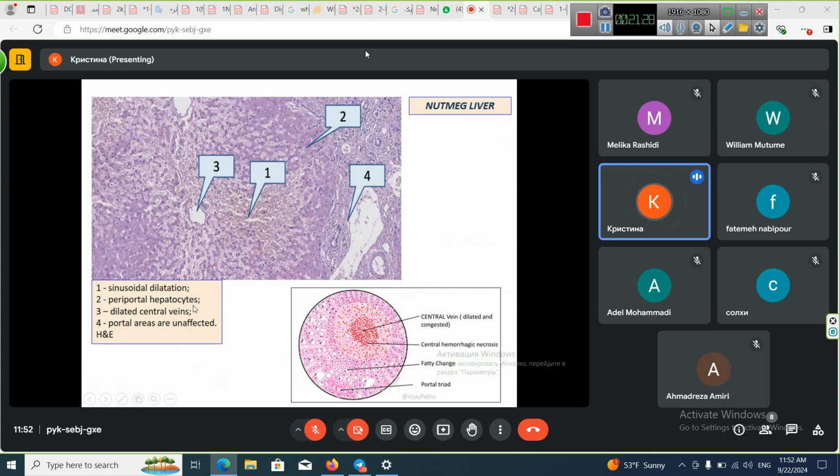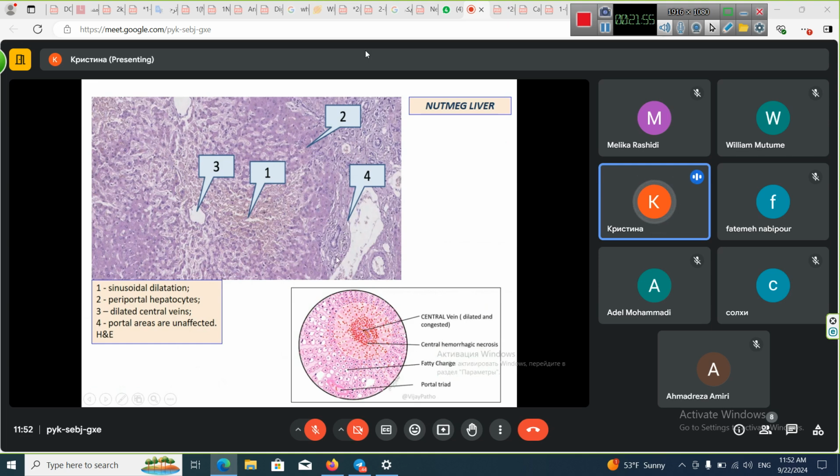Number 2 shows periportal hepatocytes. So this area corresponds to this one with the fatty change. It is the area of periportal hepatocytes which are located at the periphery of the lobule, closer to the portal triad. Portal triad is number 4.